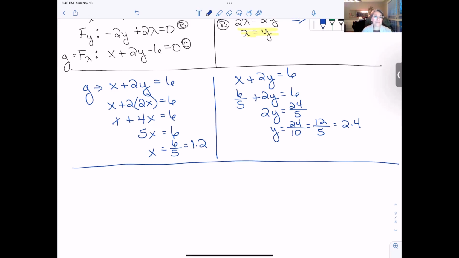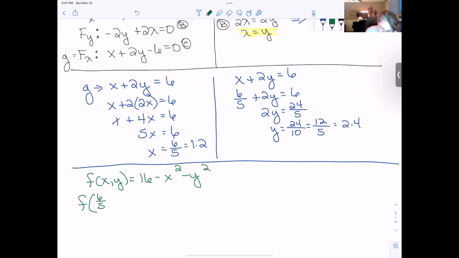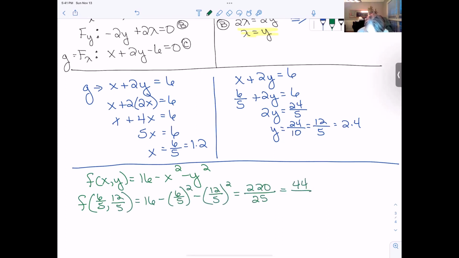But now we also have to find the output value. So we're going to plug it into the original. So f of xy, again, was 16 minus x squared minus y squared. So we want f of 6/5 and 12/5, which is 44/5, which is also 8.8.